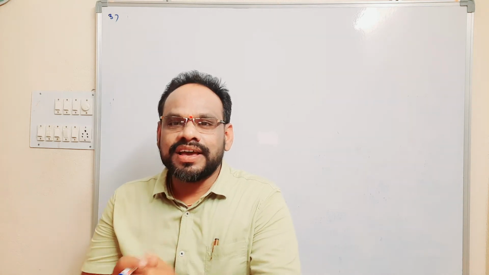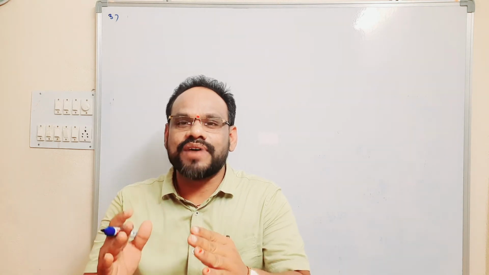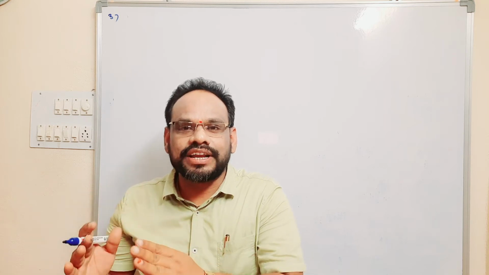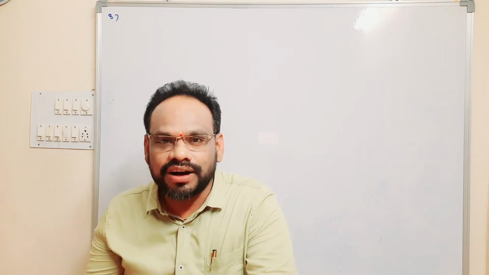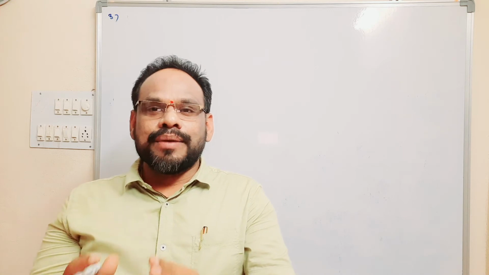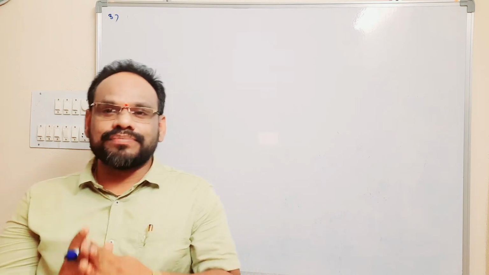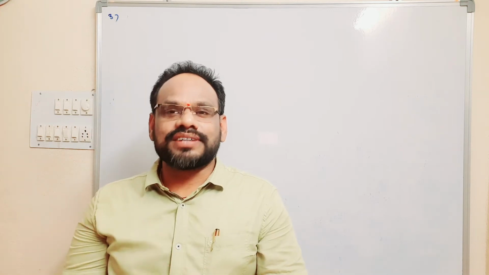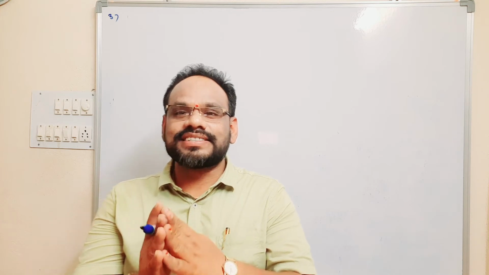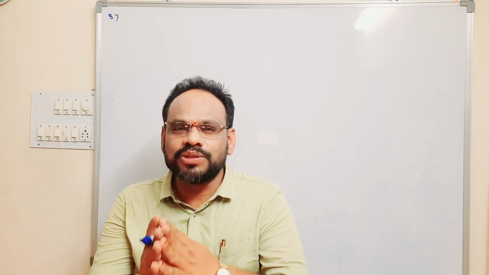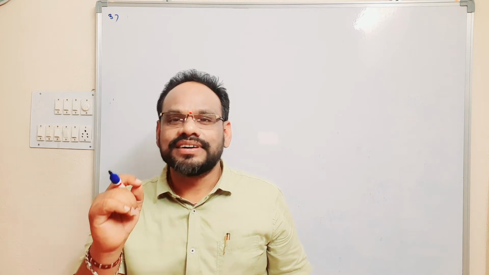Third property: if we multiply or divide each term of a geometric progression with common ratio r by a non-zero constant, then the resulting sequence will also be a geometric progression with the same common ratio.